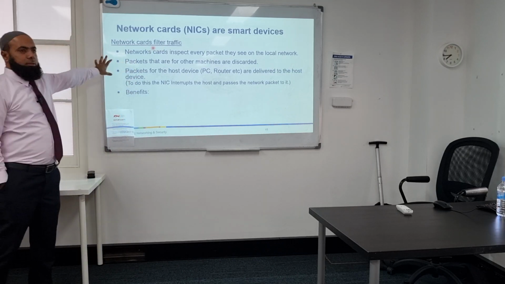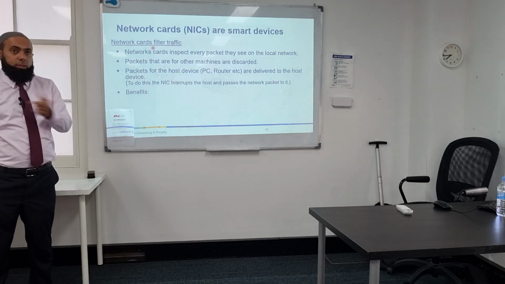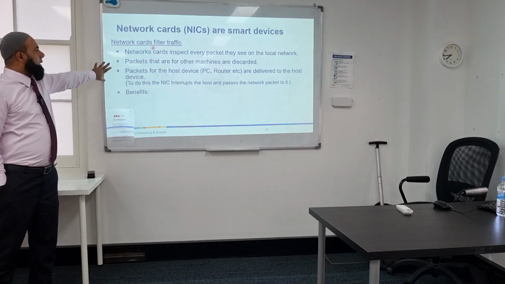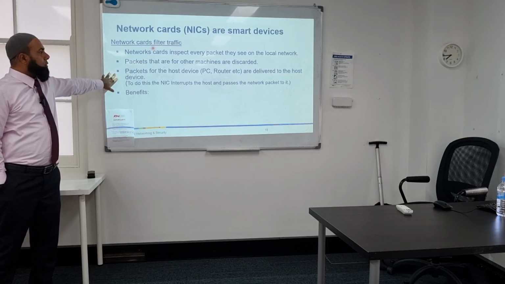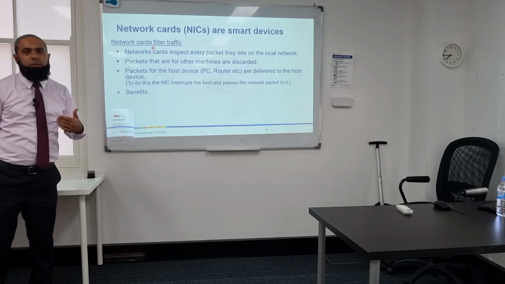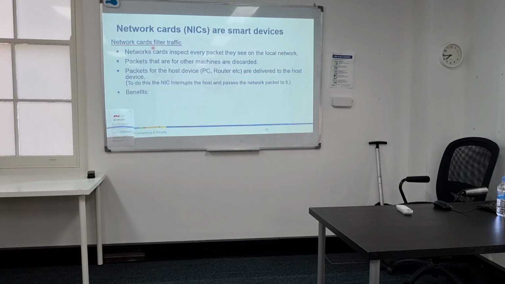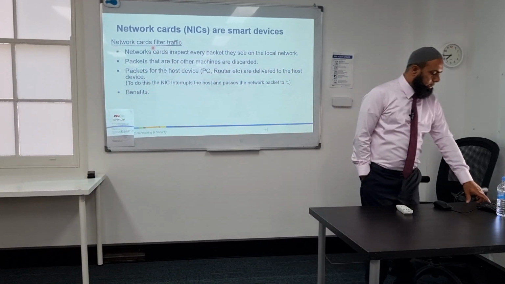So every packet coming on the network only passes if it is for that computer. Packets that are for other machines are discarded. Packets for the host device are delivered to the host device. To do this, the NIC interrupts the host and passes the network packet to it. So if something is for the host or for the routers, it is delivered to the host devices accordingly. And that's the job of the NIC card.